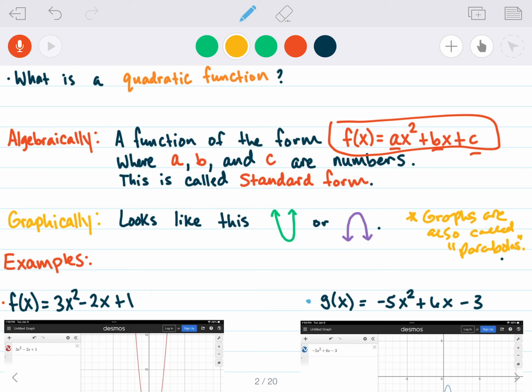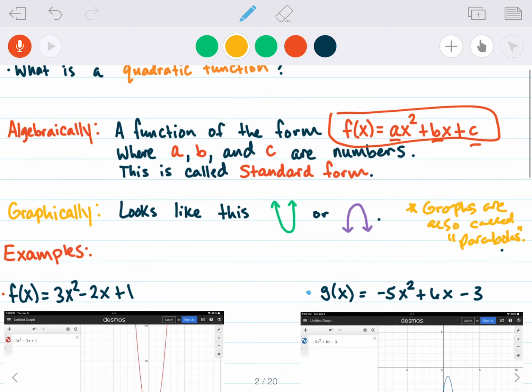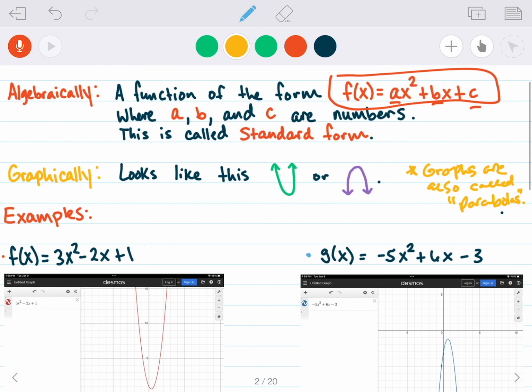All right, so let's take a look at some examples. Now, Desmos is our best friend. We use it to graph. It's very good at doing that. I have two examples that I just made up. The first example is this quadratic function: f of x equals 3x squared minus 2x plus 1. Notice that it takes this form.